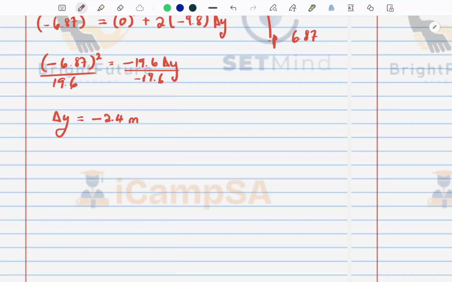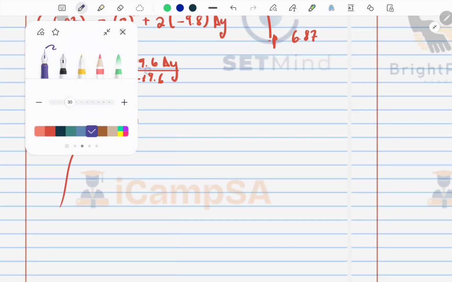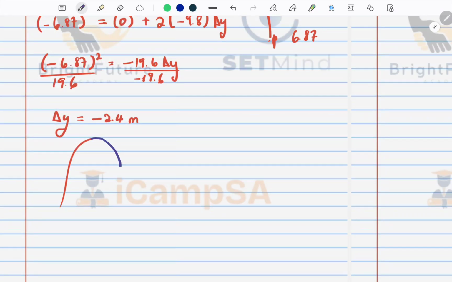Okay, so if I were to draw this for you, I would have this part going to the peak, and then from the peak going to point P. So this is going to be 20 meters going up until here, from the ground until there is 20, and then from this point until point P, you're going to have this 2.4.